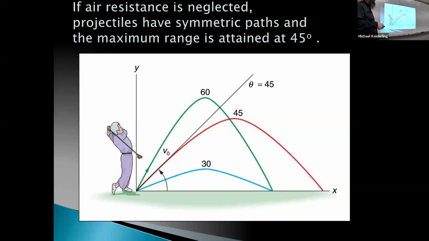So you have less time in the air, but you will have a bigger horizontal component of velocity. This path has more time in the air, but has a smaller horizontal component of velocity. And it turns out, if you do all the math, they work out that if two angles add up to 90 degrees, they'll have the same range.